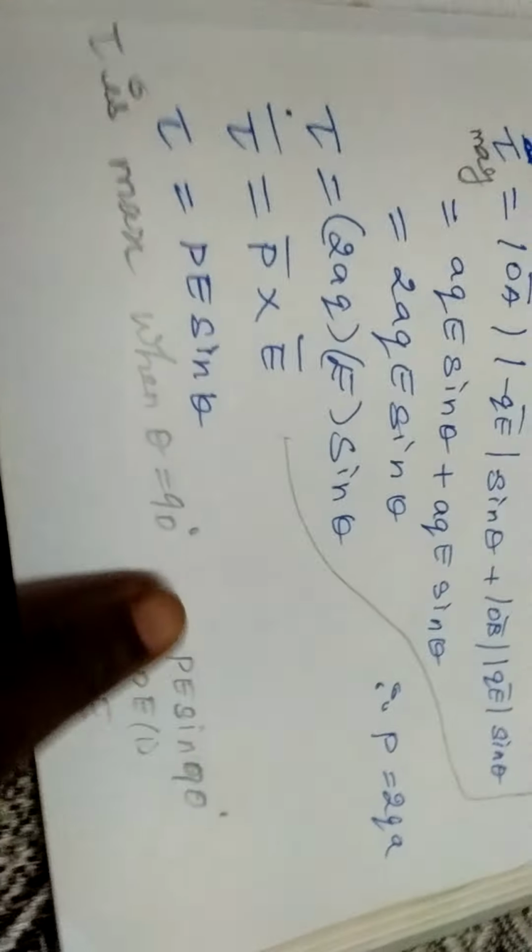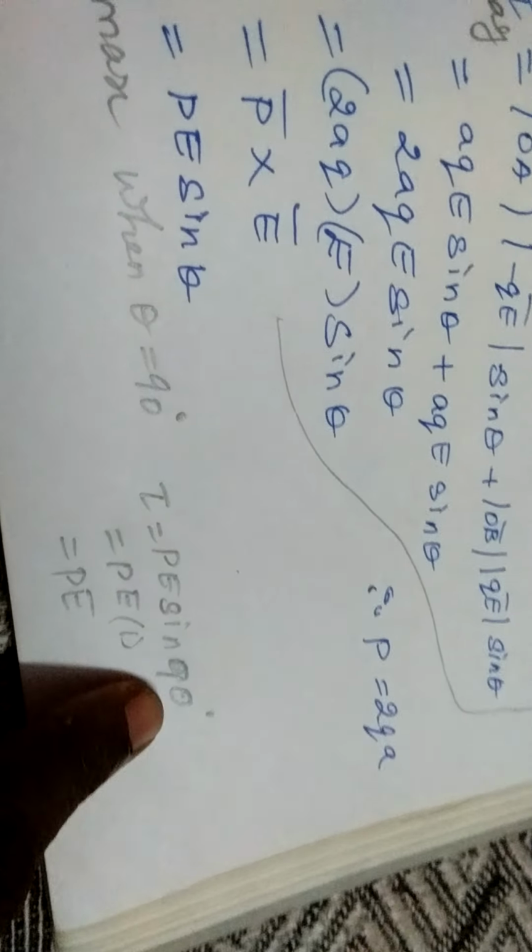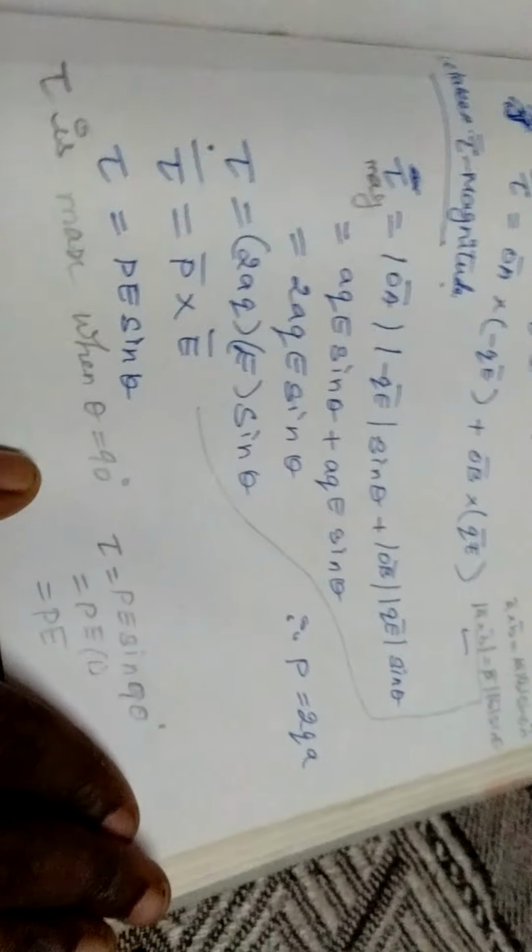Okay, so sin 90 has value 1. So the torque equals P vector cross E vector, which is PE only.